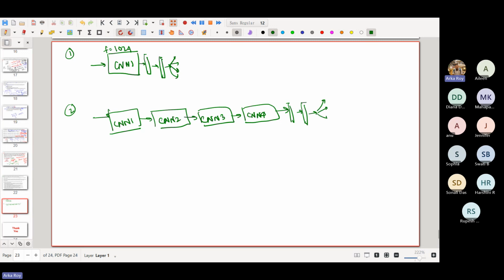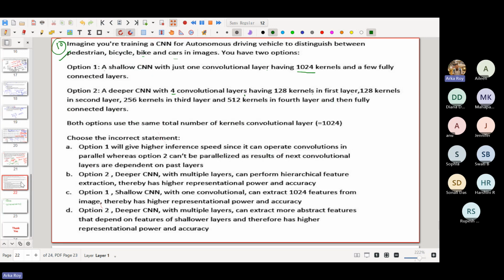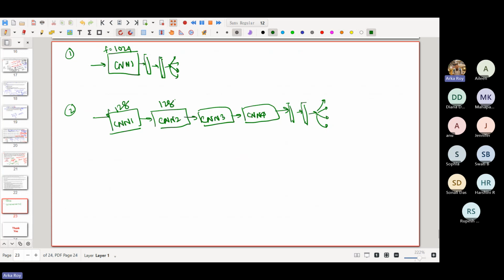Let us consider the number of fully connected layers in both cases to be the same, because they have not specified; they only said a few fully connected layers. And again, you have 4 different classes: pedestrian, car, and so on. The number of filters they have given are 128, 128, 256, and 512.